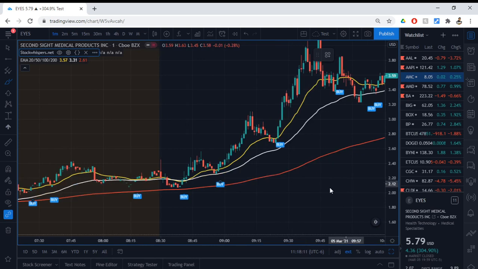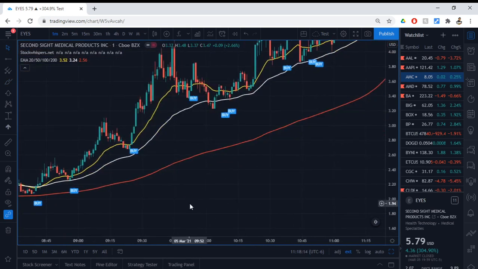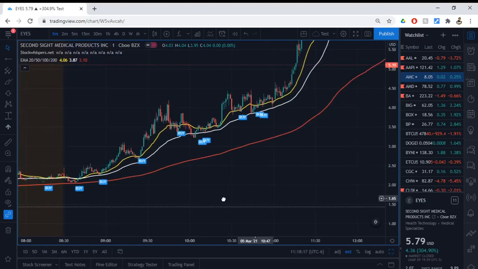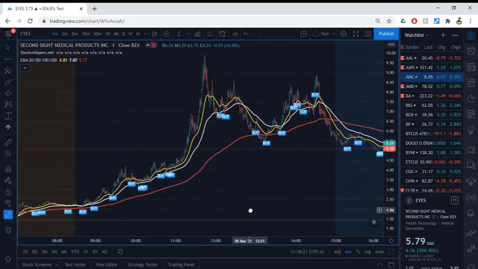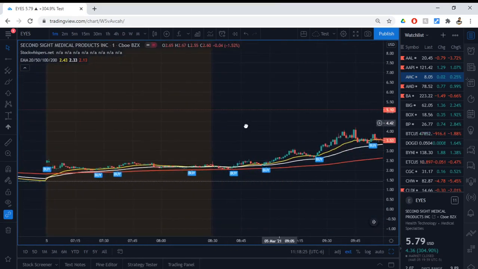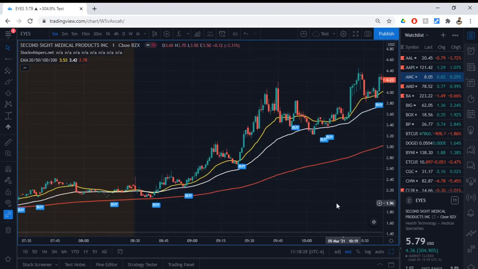Now we're left with only buy labels, which is what we're trying to do, buy eyes.